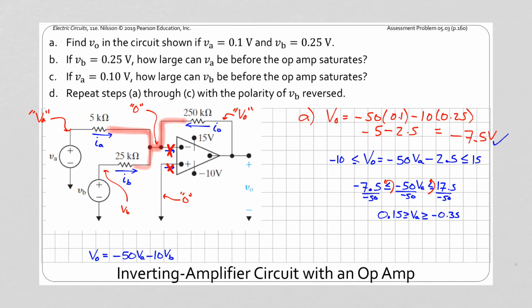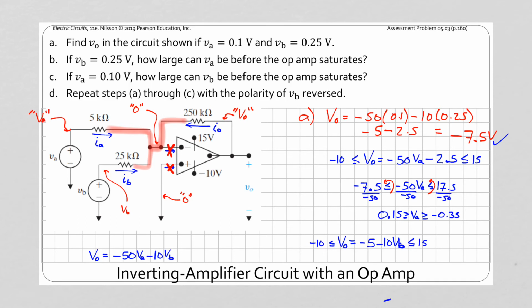We can do the same thing for VB. If we fix the value of VA, we know that if VA is 0.1 times 50, we get a factor of negative 5. And again, we want to avoid saturation here. We can change VB, which will change VO, but VO can be whatever it wants to be as long as it's between those supply voltages to avoid saturation.